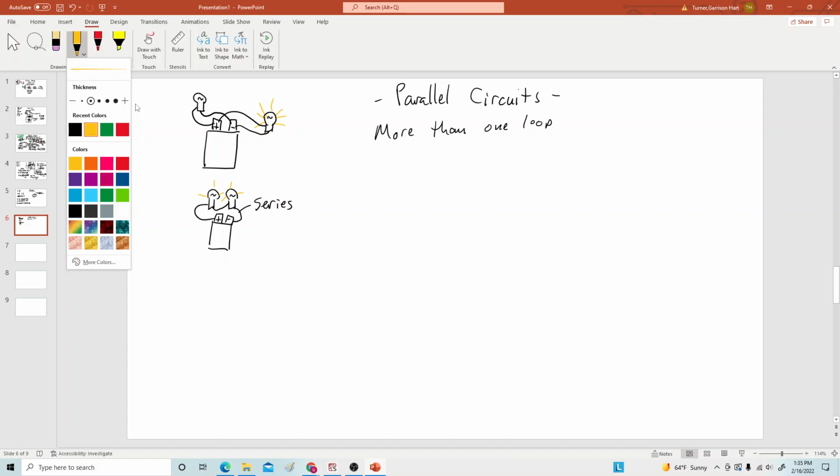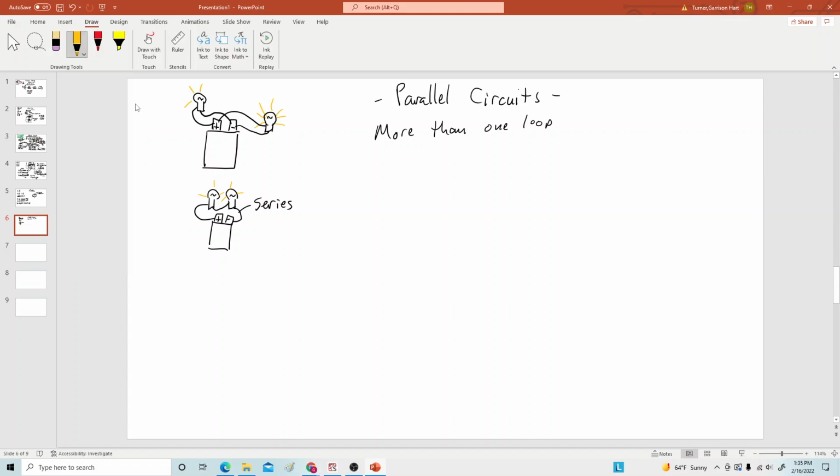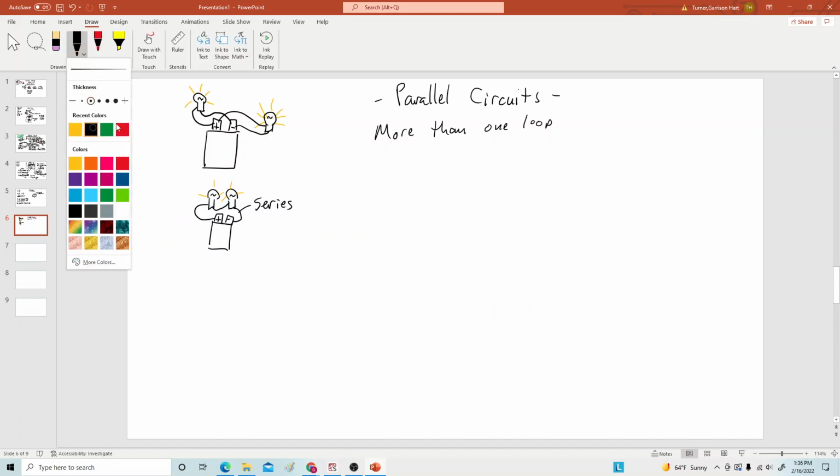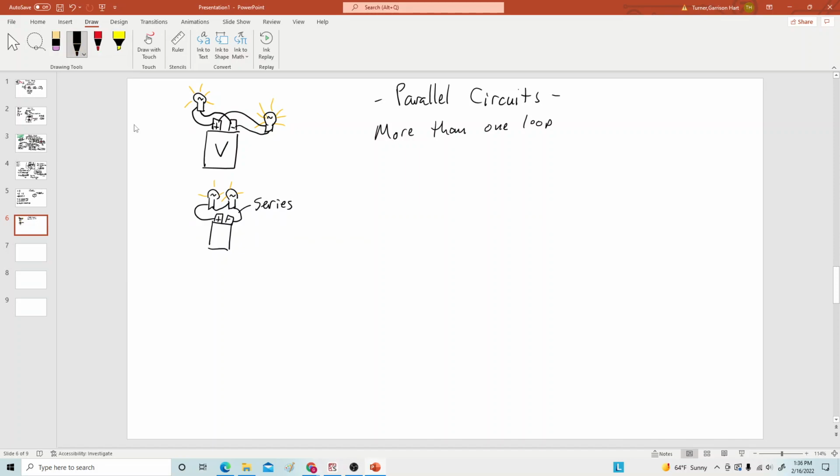And so now both light bulbs are feeling the total voltage of the battery, whatever the battery's voltage is, the light bulbs would be experiencing. So this is what's known as a parallel circuit.